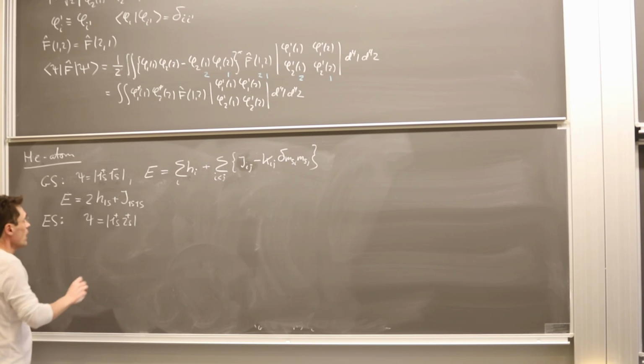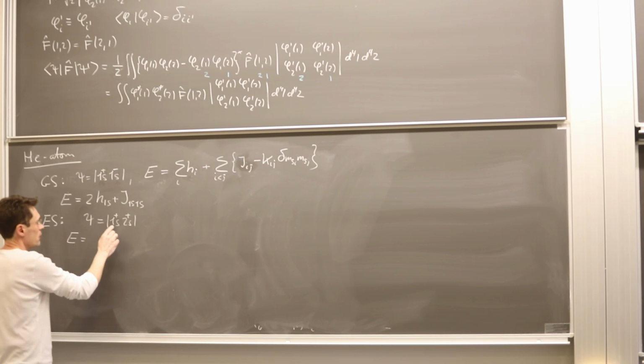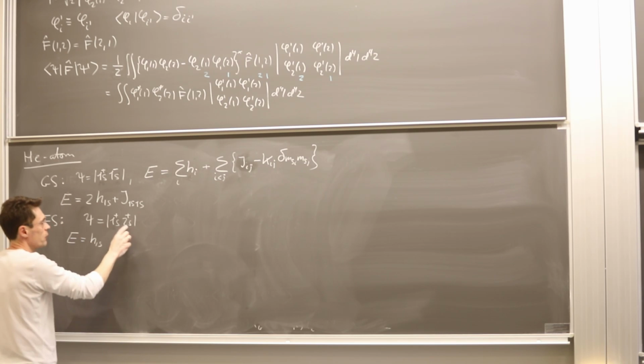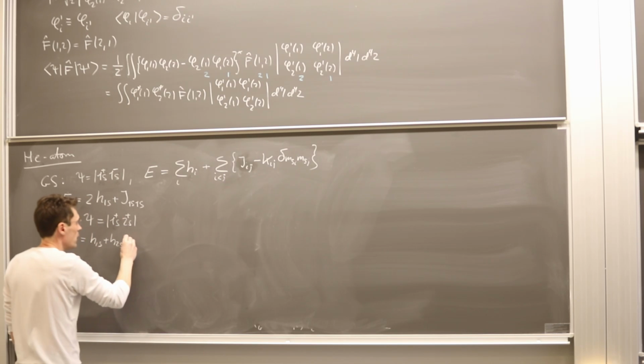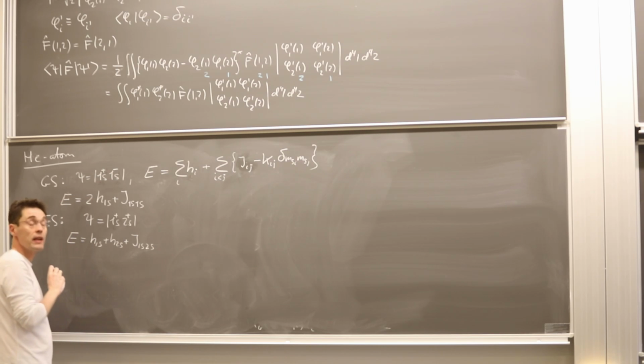So what I get in this case is, well, I have a one body part here, that's H1s. I have one here, which is H2s. Then I have my Coulomb interaction between the two electrons, which I will denote J 1s, 2s.